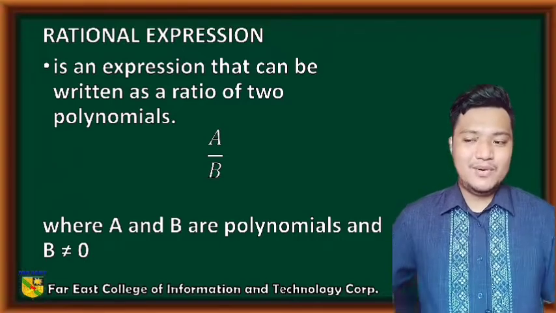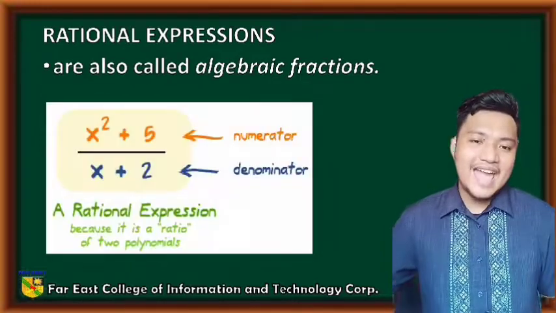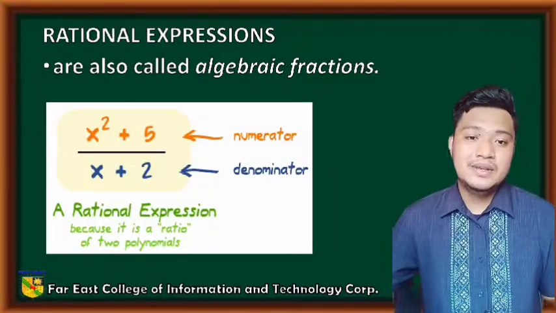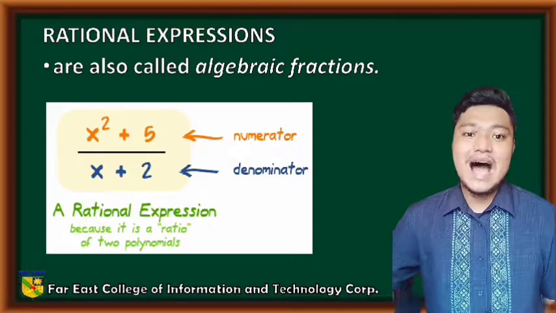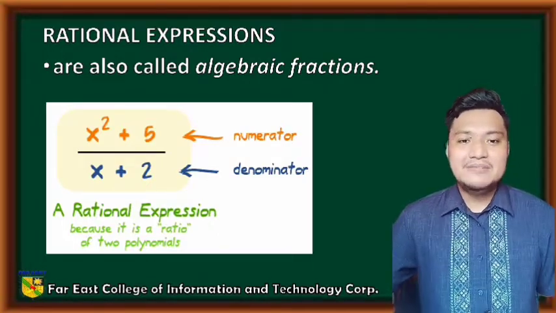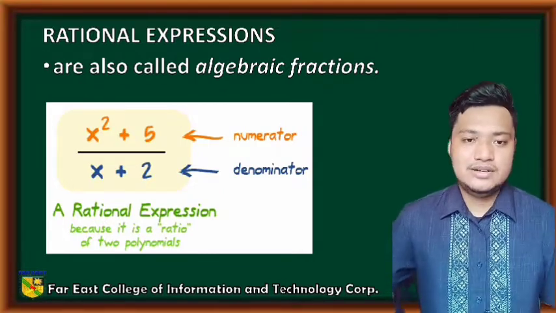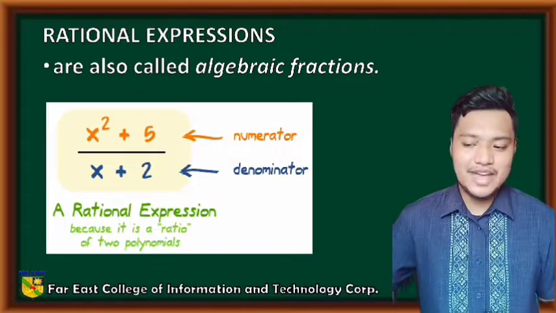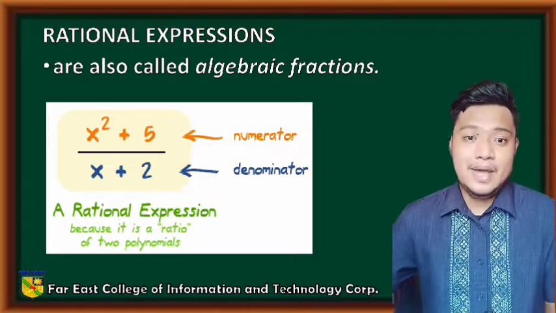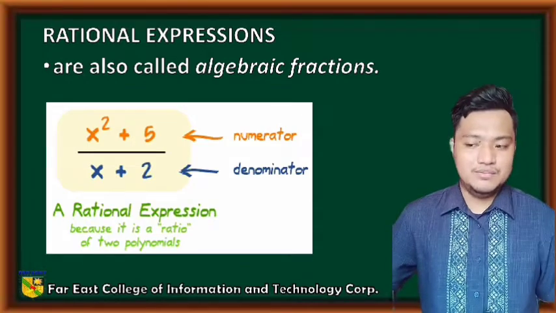So I will give you an example: x squared plus 5 over x plus 2. Review that the upper part is the numerator and the bottom part is the denominator. So this example is a rational expression because it is a ratio of two polynomials.